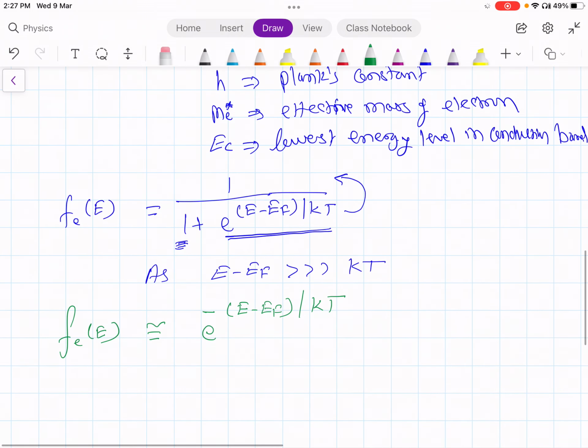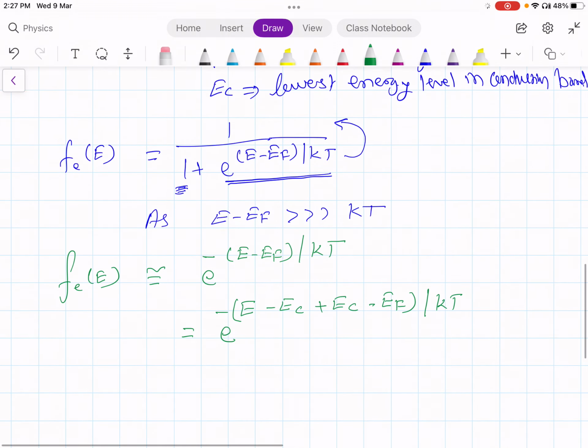Let us simplify this. This is nothing but e raised to minus of E. What I am going to do here is subtract EC and add EC: EC minus EC plus EC minus EF, divided by kT. I just did a little arrangement by adding and subtracting EC.